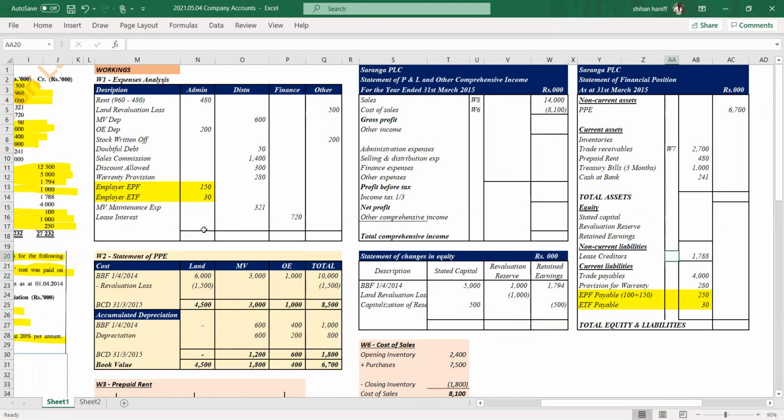Now taking the balances. Administration, distribution, finance, other. No other income.